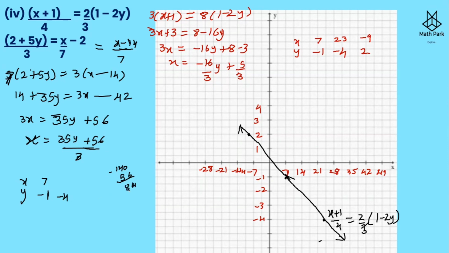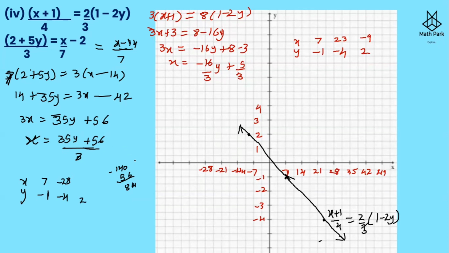So 84 is divisible by 3. 3 twos are 6 and 28. So you get the value of x as minus 28. If you put the value of y as 2, 35 twos are 70.